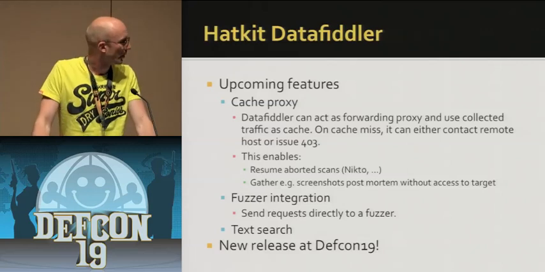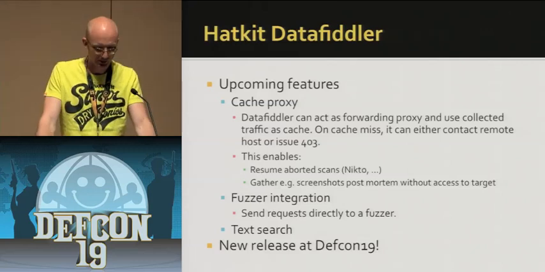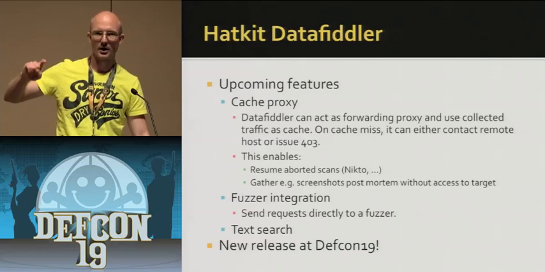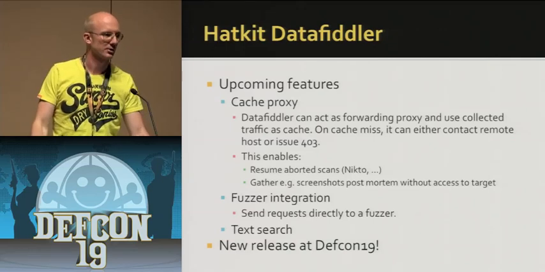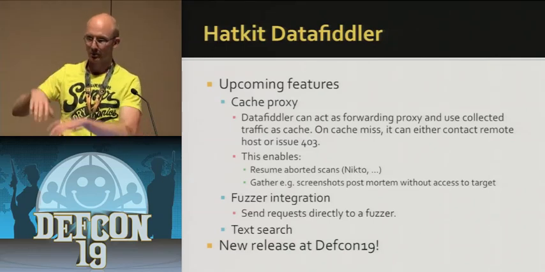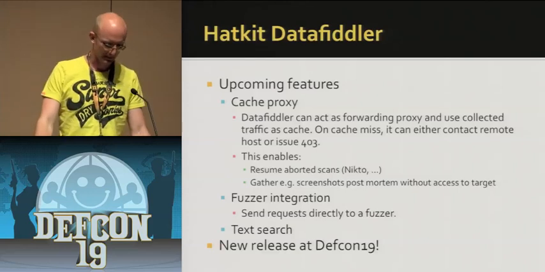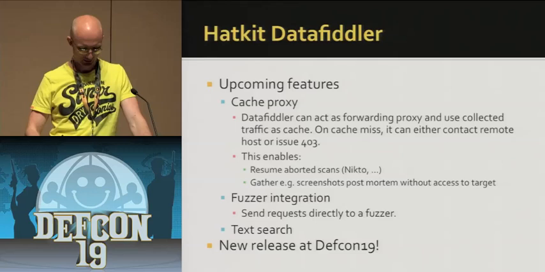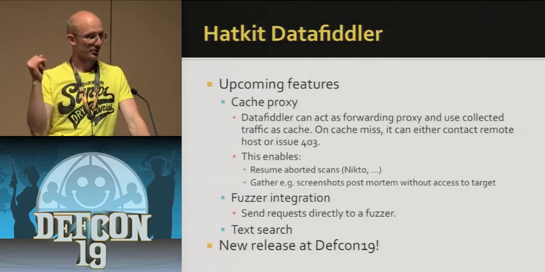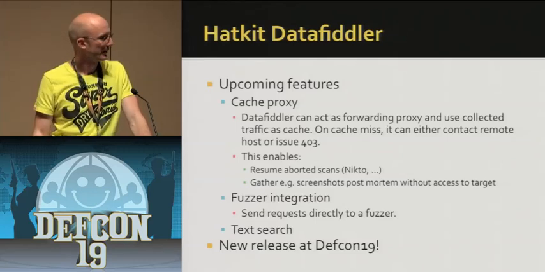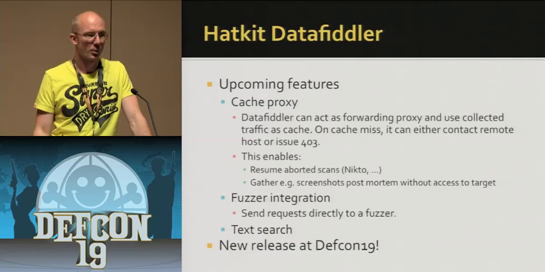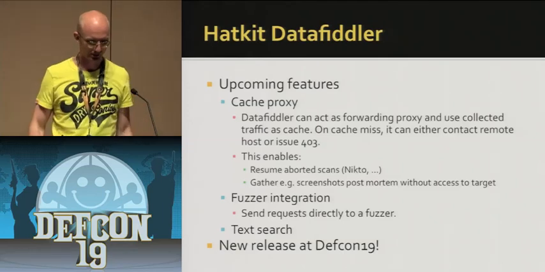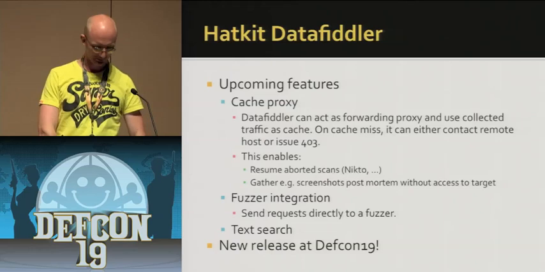Faster integration: we hope to integrate directly with JBroFuzz, so that if you have a request and you want to do a manual request, you can just send it to JBroFuzz and it pops up. Currently, we've only implemented sending it to the browser, and you can also right-click and get a copy of the fully qualified request, which you can paste into the manual request of the proxy of your choice.